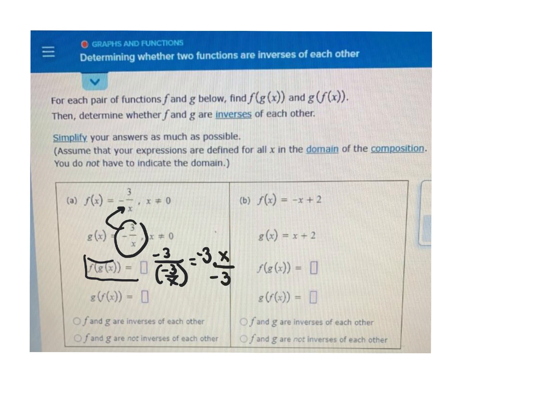So that's going to become negative 3 times x over negative 3. Well, the nice thing is these will cancel, and we're left with simply x. So that is good, because they're inverses only if these compositions are both equal to x.